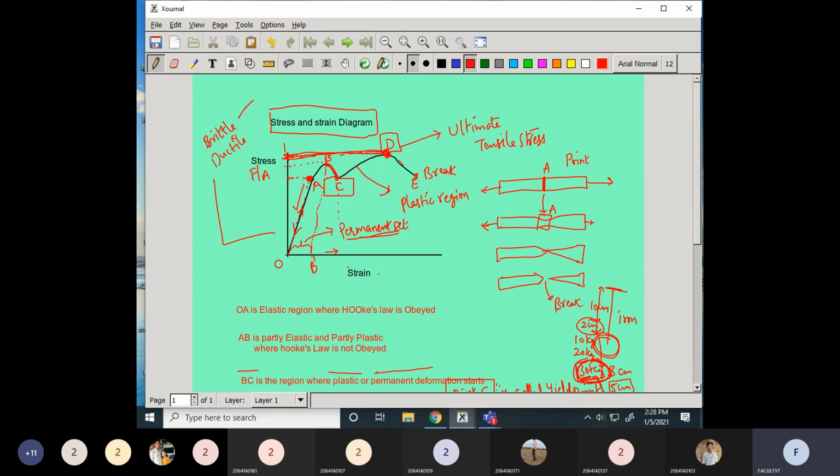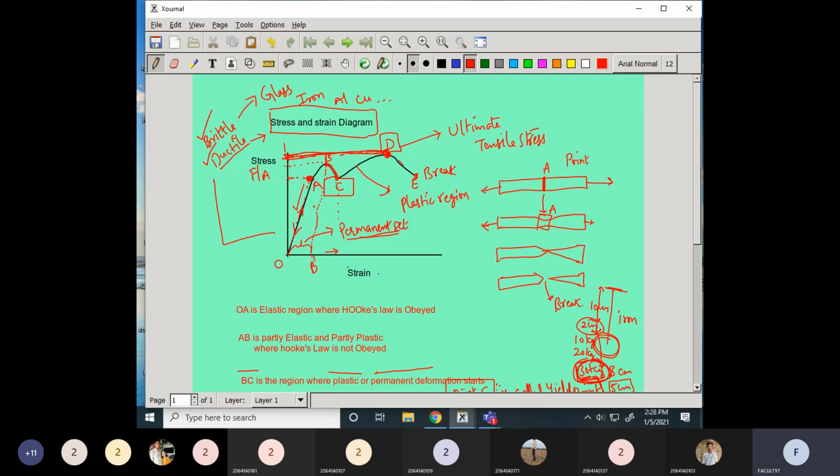Materials which can break easily, for example glass. Ductile materials do not break easily, but they undergo certain elongation or continuous deformation if you apply forces. An example I gave is iron; you can also take aluminum, copper, and certain other materials.